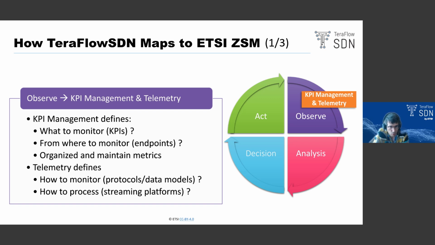The telemetry component relates to how to monitor, which are the protocols that we're using, for example gNMI, and which data streams we should consider. This is our telemetry component, the one that's taking care of this. And how we process, which are the streaming platforms, how we need to send them, and so on.